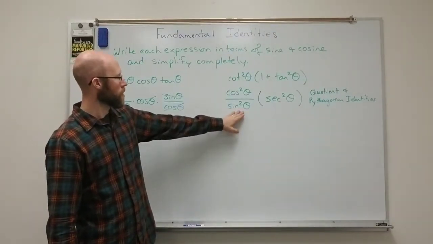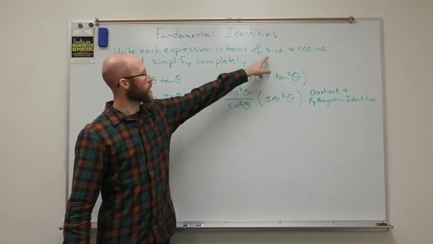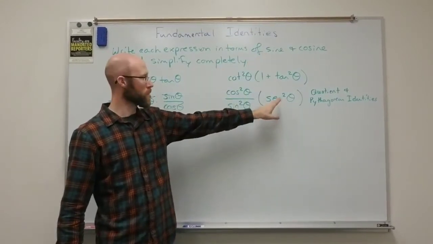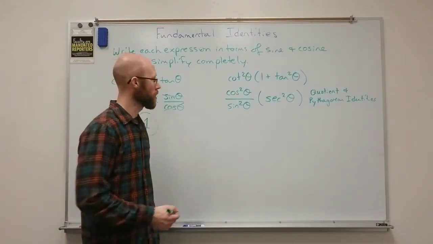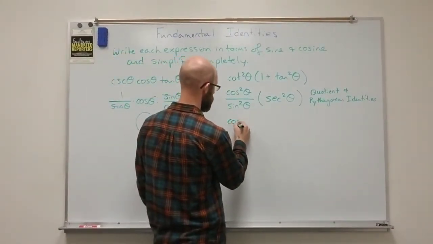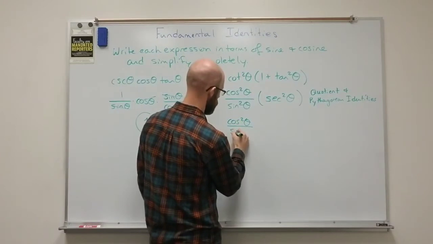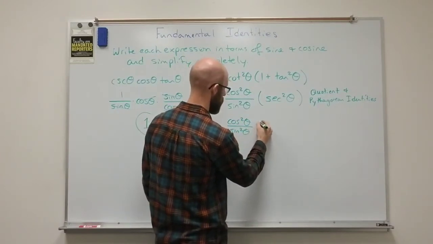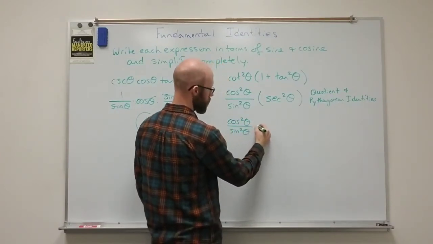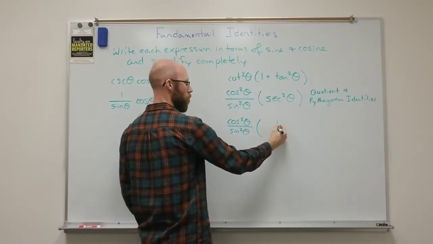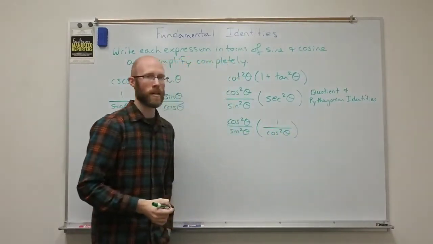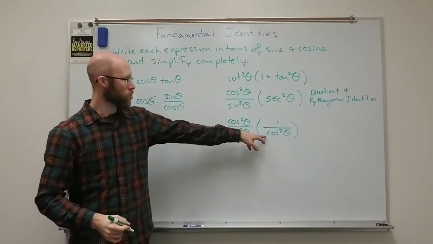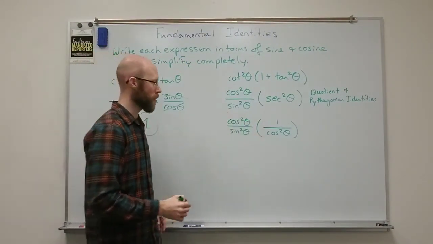Okay, from here I know that the secant, I've got to get these in terms of sine and cosine, right? The secant is 1 over the cosine. So this becomes the cosine squared over the sine squared, and then times 1 over the cosine squared, that's our secant. The two cosine squareds cancel out, one on top, one on the bottom.